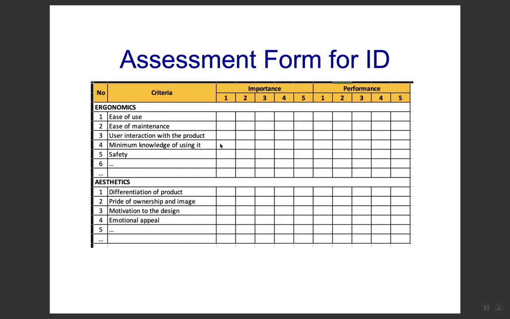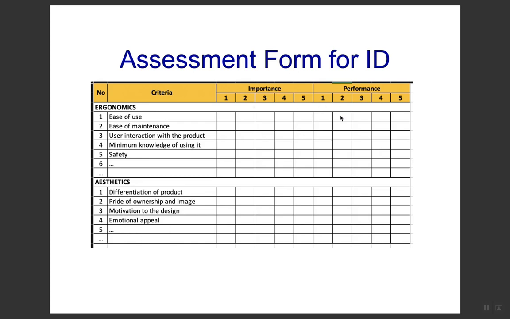There are two criteria: ergonomics and aesthetics. We put here one, two, three, four, five items. It's just five, you can put more. It's just an example. You can put 10, or 15, or 8. It's up to you. It depends on the context of the product that you want to assess, and also the aesthetic issues here.